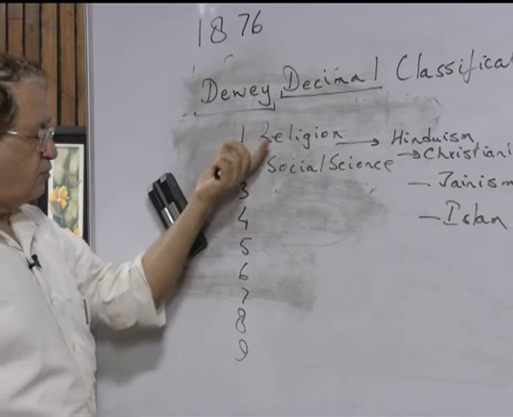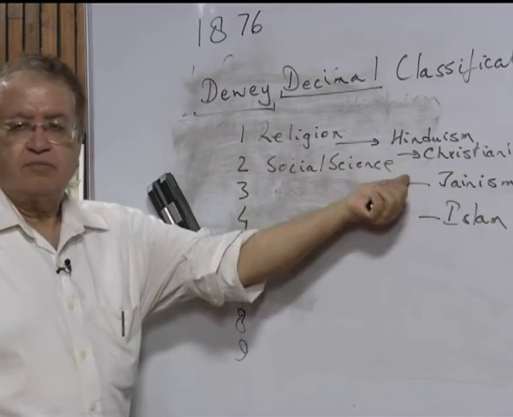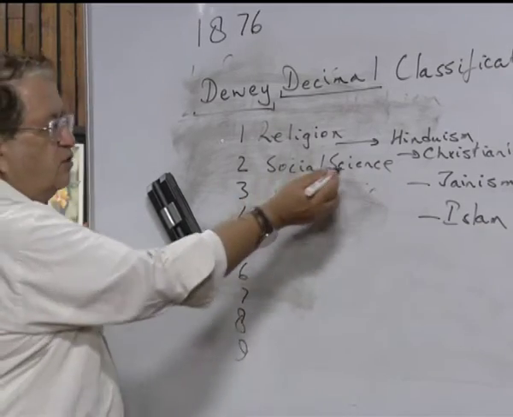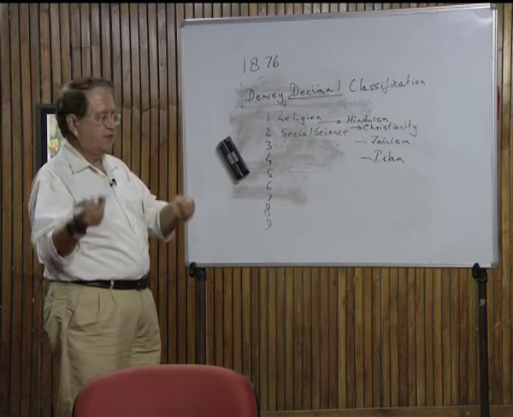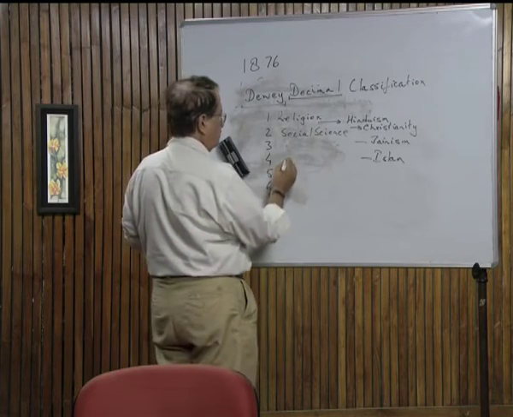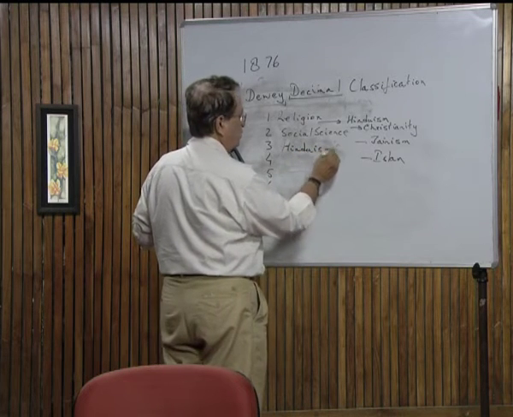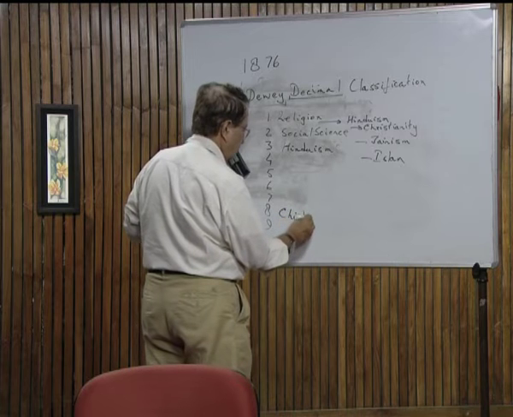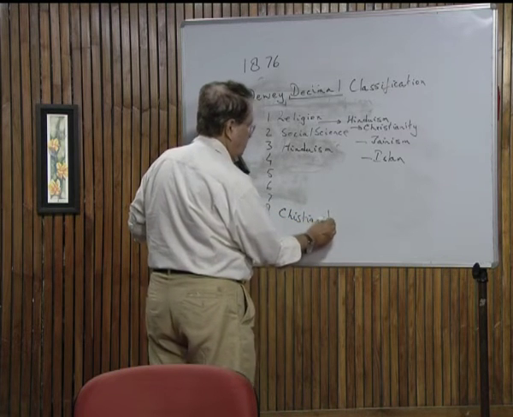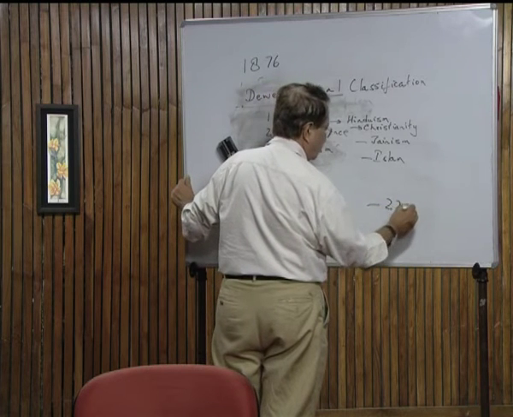Unfortunately, we have already allocated the symbol 2 to social science. So, where will these come? And if we did not get all these books at the same time, but got them at different time periods, then maybe Hinduism will be placed here and Christianity may be placed here, and maybe Islam will come somewhere around 22.